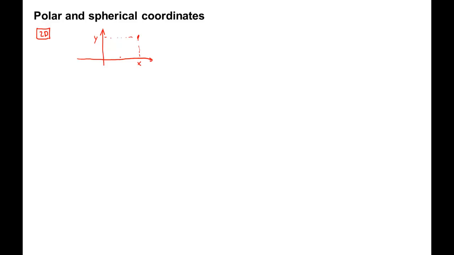An alternative 2-dimensional coordinate system is a polar coordinate system. Instead of using x and y to specify the point, we can use 2 other numbers. One is r, the radius, which is the distance from the origin of the coordinate system to the point, and phi, the polar angle, which is the angle from the horizontal axis in counterclockwise rotation sense.